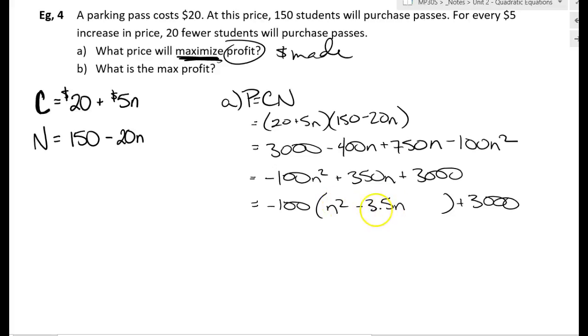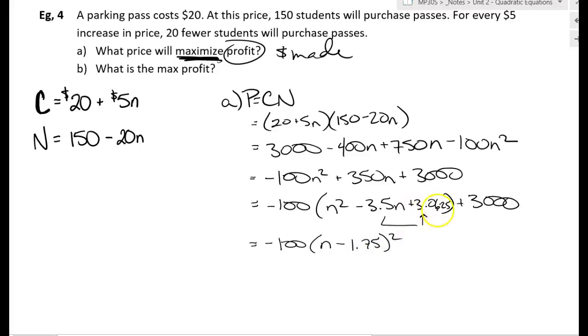So from there, half of 3.5 is going to be 1.75, and 1.75 squared is 3.0625. So when I finish my completing of the square, I've got negative 100 times (n minus 1.75) squared.